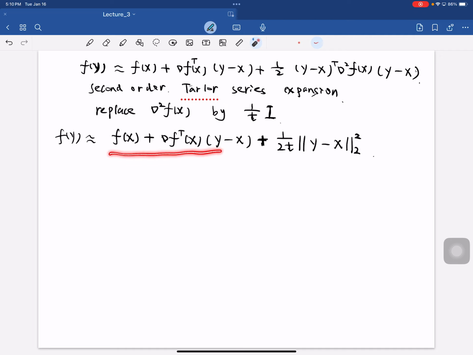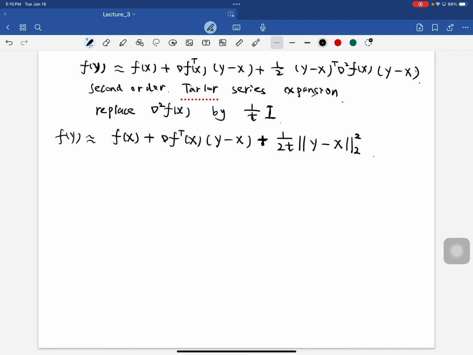So in other words, we are going to optimize this function instead of f(y), right? Besides this first order term, this is like a penalty term, right? Because you do not want y to deviate too much from x, right? That's why you penalize that by a quadratic term. That's a way to interpret that.